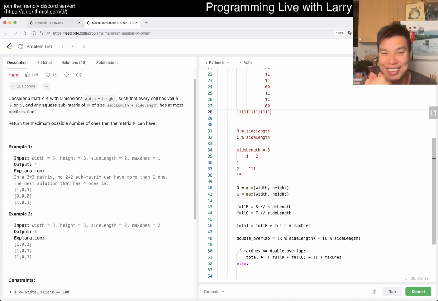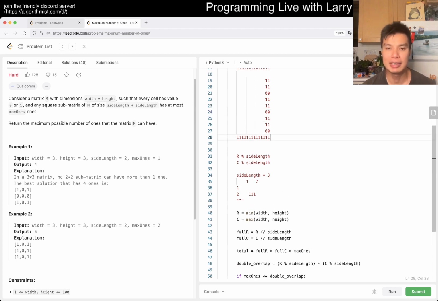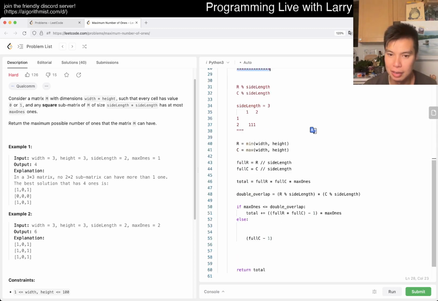And this is hard. So that means that the number of available space is going to be, basically now we're just trying to figure out what is the impact of adding 1 zero to the longer side, right?